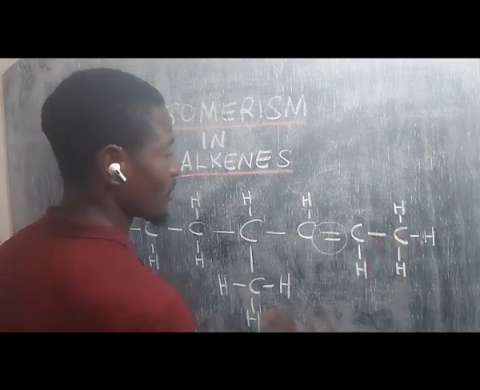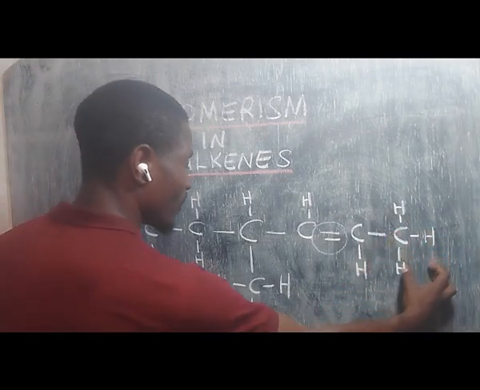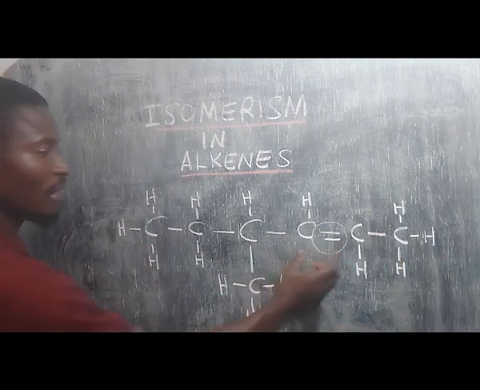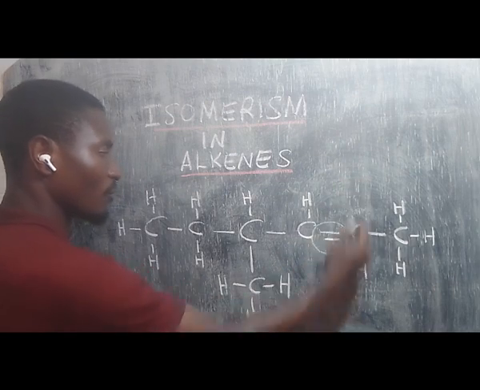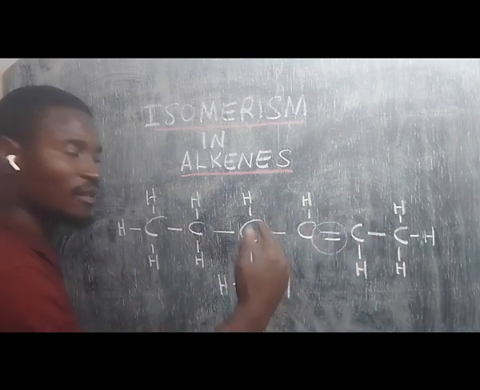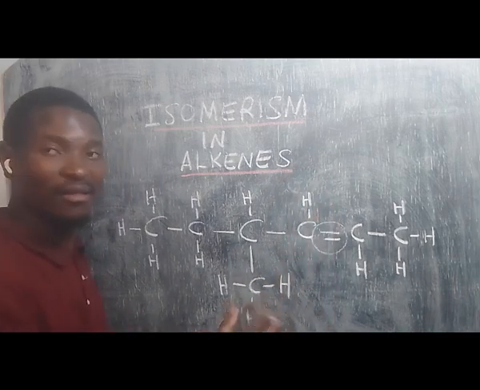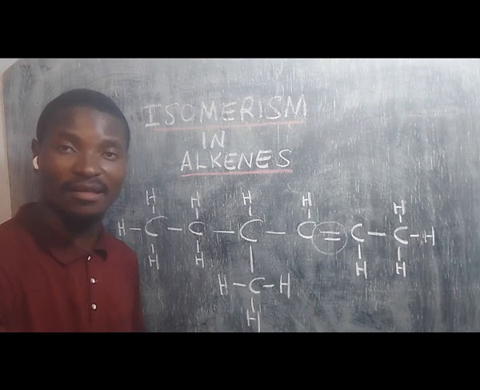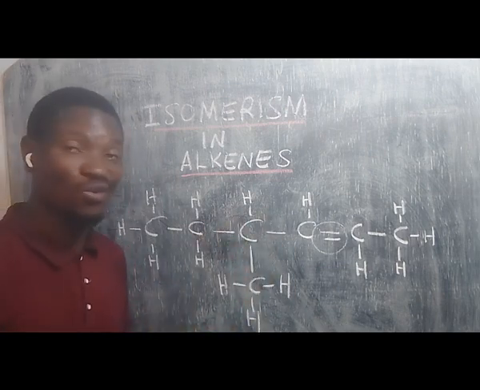So now in this case, if I'm going to start to number from the right going to the left, then I'm going to see at what position of the carbon the double bond is occurring. Is that position where the double bond is occurring the shortest distance possible I can ever use to track where the double bond is occurring?